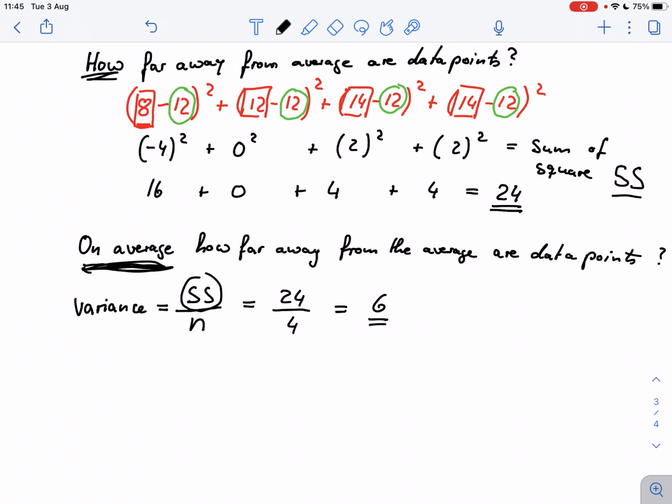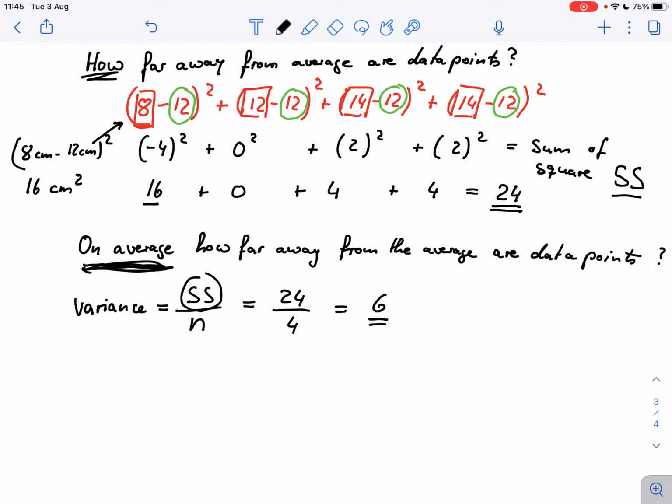And of course we would need to find a unit for that. So the variance we had here, when we look at what would be the unit, we had 8 centimeters minus 12 centimeters, and we squared that. So that means we had 16, that's what we got here, but we've got centimeter squared.